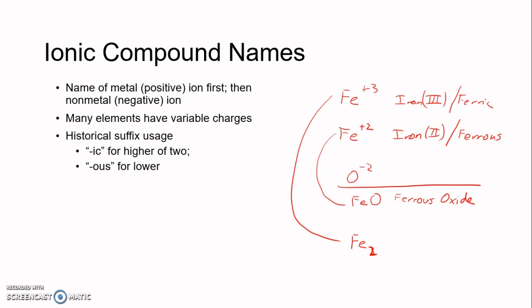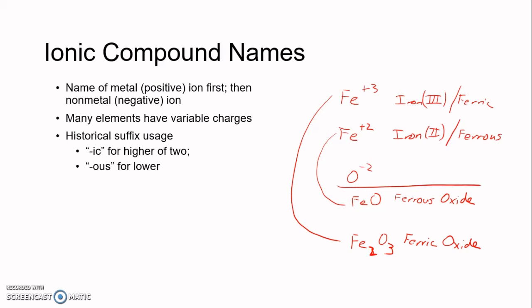And to balance that, we would need a total charge of -6 from the oxygen, which means we need 3 oxygen atoms. This would be what we call ferric oxide, because of course we're dealing with iron 3, which has a charge higher than 2.